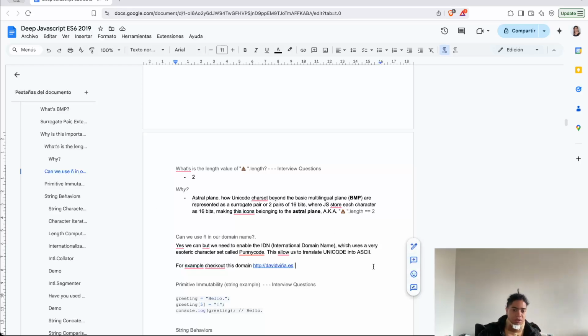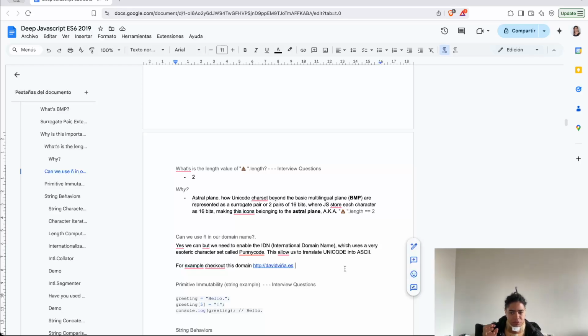Let's go beyond this course, but I think it's important to understand why this is happening in the internal representation. More importantly, why this happened is because, at the end of the day, JavaScript uses Unicode, this encoding character set that can be UCS-2 or UTF-16.